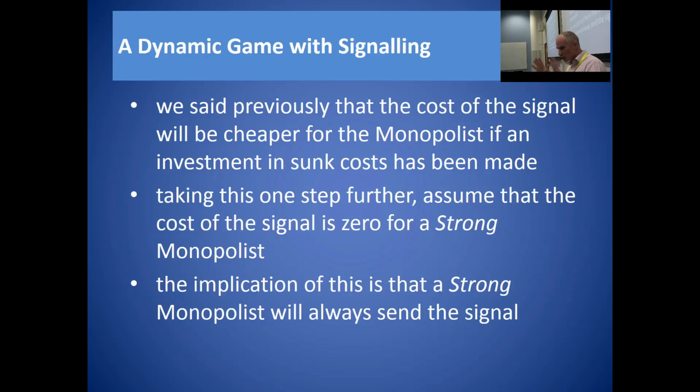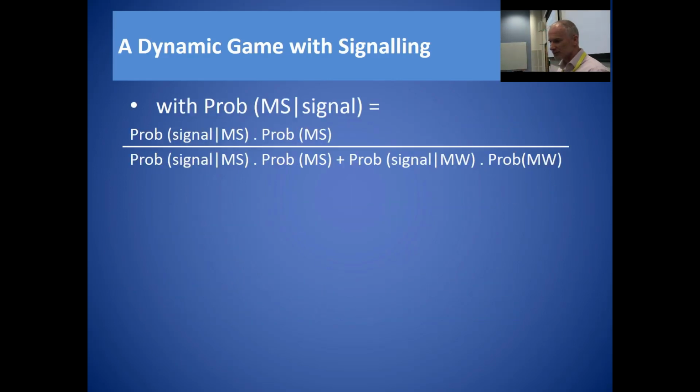So, the cost of sending the signal for the strong monopolist is 0. And as such then, the strong monopolist will always send the signal, or it sends it with a probability of 1. Yep, you always send it with probability of 1. So, let's go back to that updated probability here, and let's start picking off some of these terms.